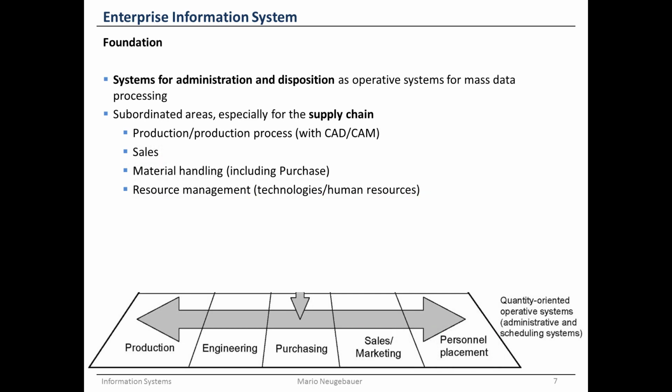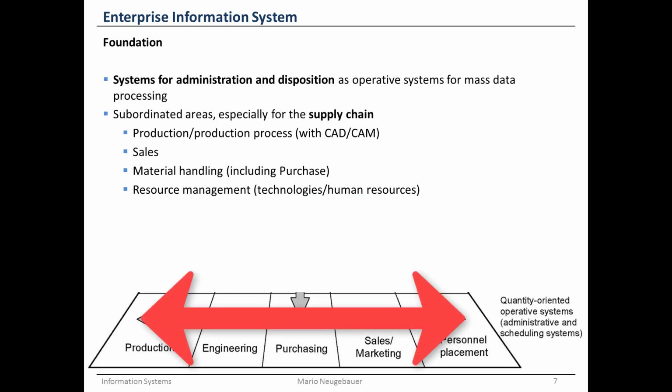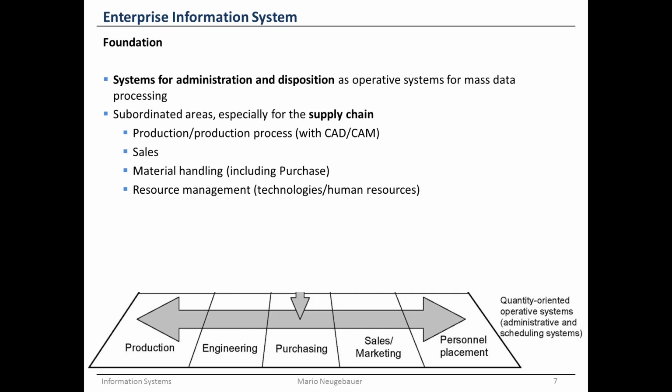And what you also see here is that in a horizontal way, you are on the supply chain. So that means you produce the product, you do the engineering, therefore you do the purchasing, you purchase your material, you do the sales, and you need the personnel to deliver all these activities along the supply chain.